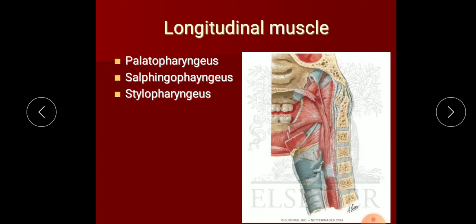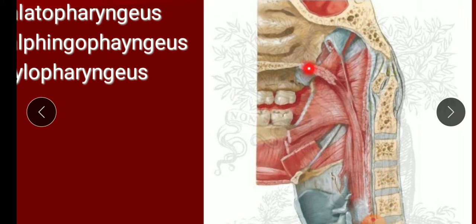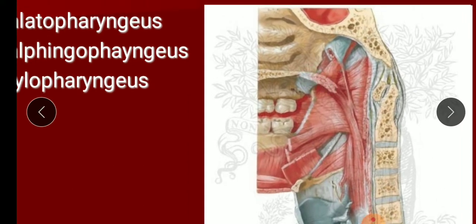So look at that figure. In that figure you are seeing the soft palate here. This is the soft palate, and from there by two fascicles, by anterior and posterior fasciculus, you find the origin of the palatopharyngeus. Are you familiar with this palatopharyngeus anywhere else? Where was it?